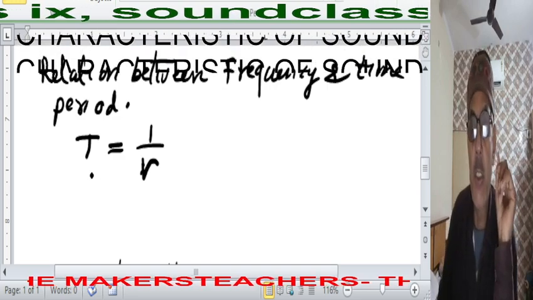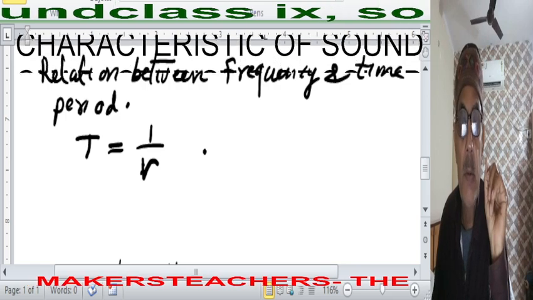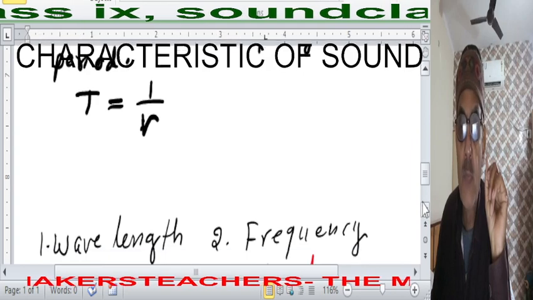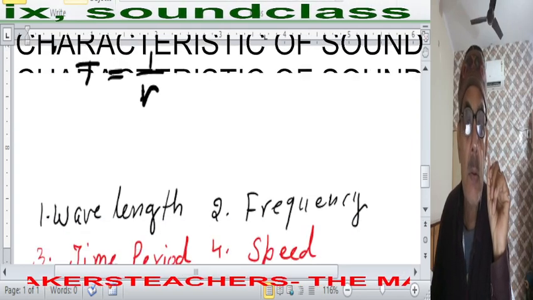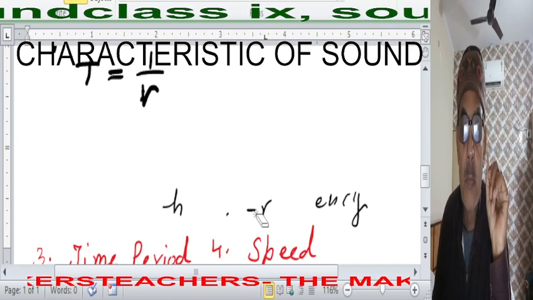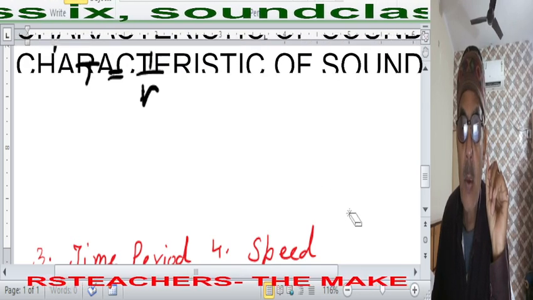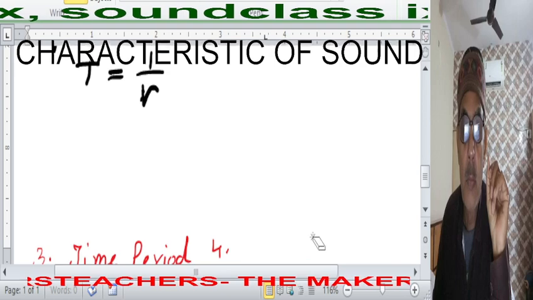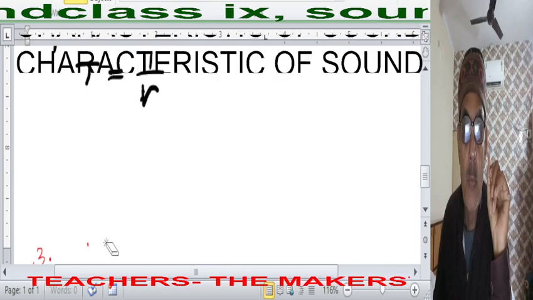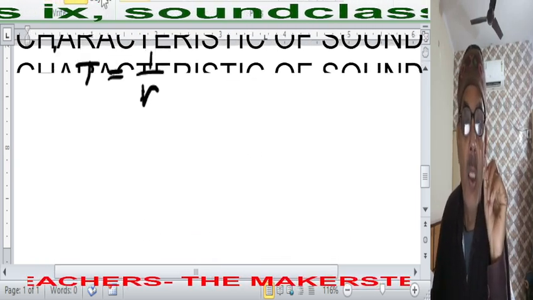Okay, this is the relation between frequency and time period. Now we come to the next one, speed of wave.